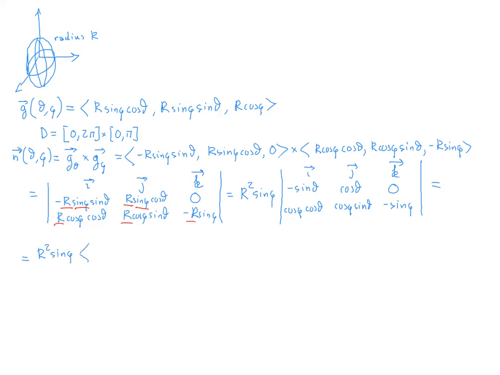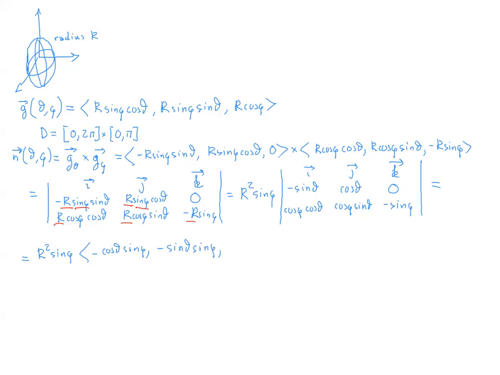And then for the first coordinate, delete first row and first column. And what you're left with is minus cosine theta sine phi. For the second coordinate, delete first row, second column, and what you will get is sine theta sine phi, but you need an extra negative sign, so minus sine theta sine phi.